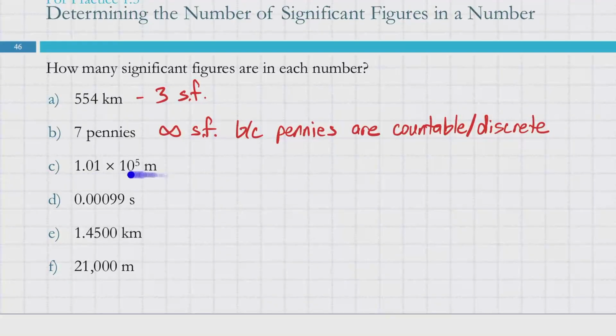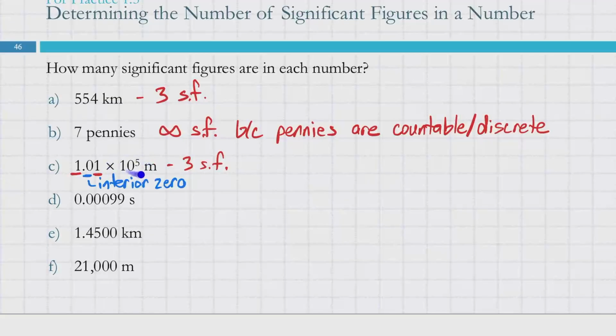How about 1.01 times 10 to the 5 meters? This one is going to also be 3 significant figures. So we've got our non-zero numbers, and we've got an interior 0. So the interior 0 counts. This is scientific notation.